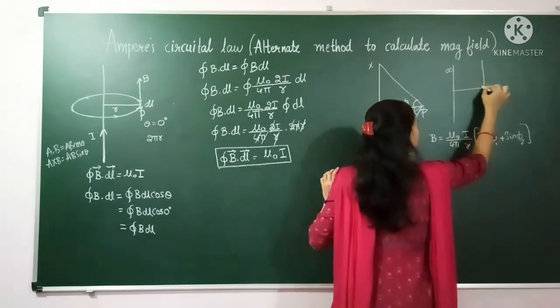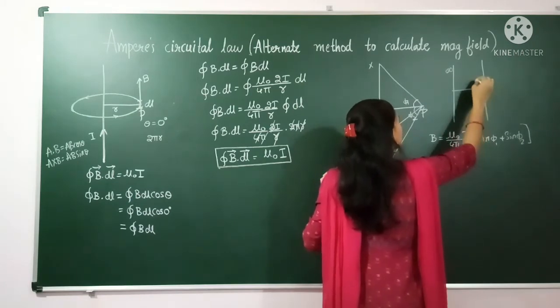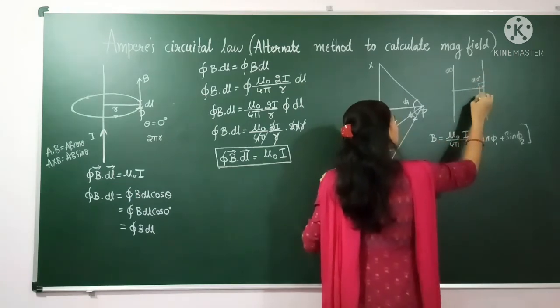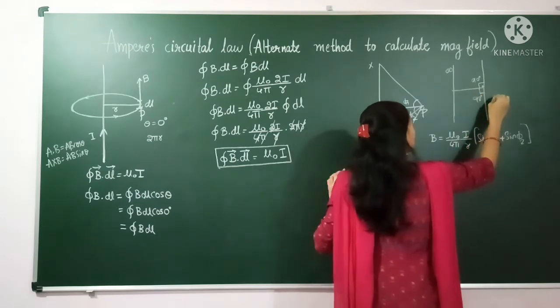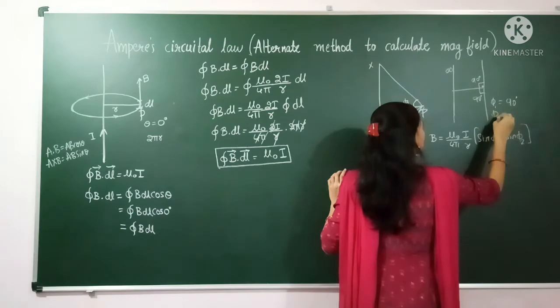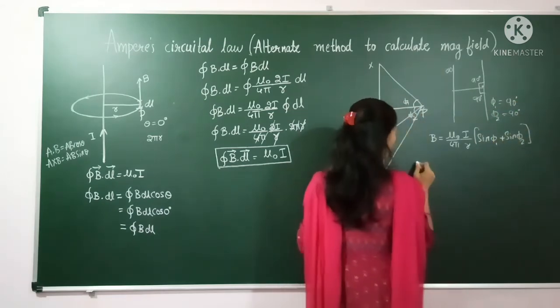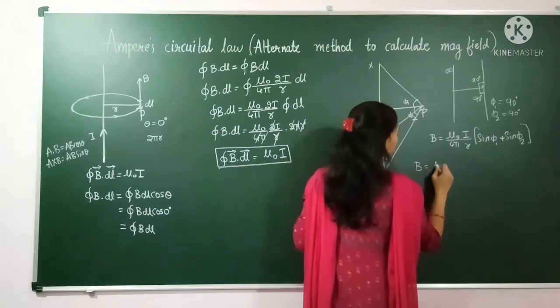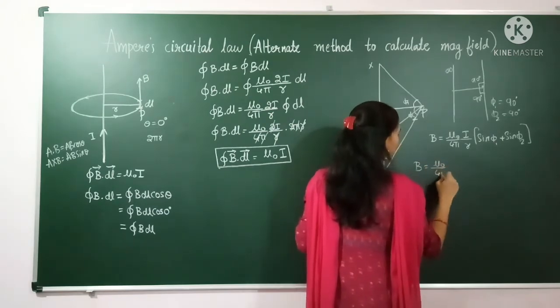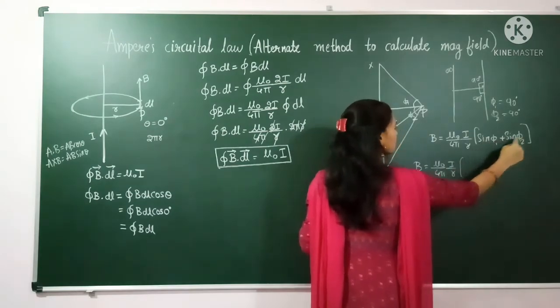Now this is our perpendicular distance from the wire, and this angle and this angle become 90 degrees. This is also 90 degrees, meaning the phi 1 value is 90 degrees and the phi 2 value is also 90 degrees. If you substitute these two values in this equation, then B is equal to mu naught divided by 4 pi, I by r, sin 90 plus sin 90.